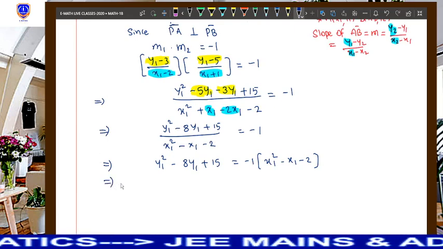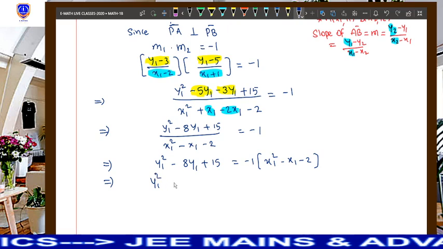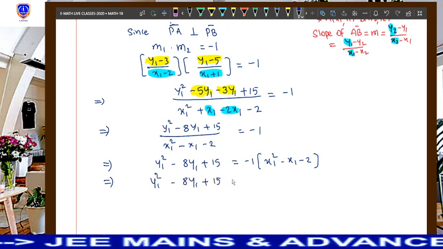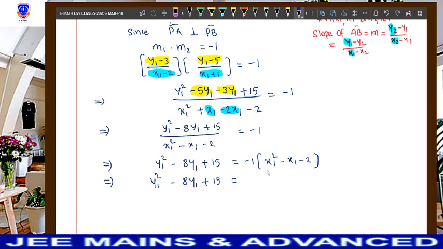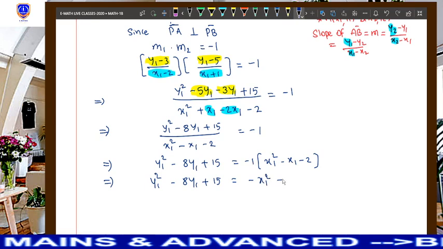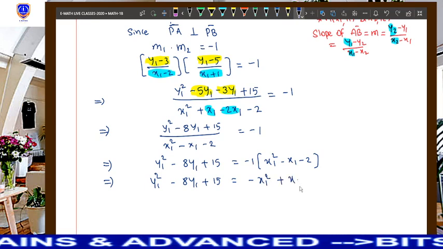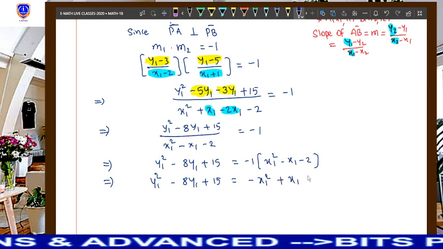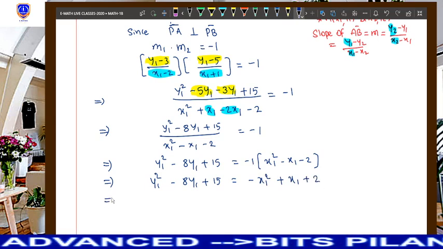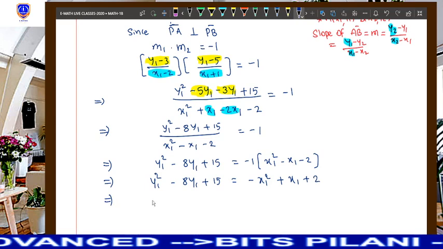This implies y1 square minus 8y1 plus 15 equal to minus 1 into x1 square, minus x1 square, minus into minus plus 1 into x1, again minus 1 into minus 2, plus 2. Take all the terms to the same side.